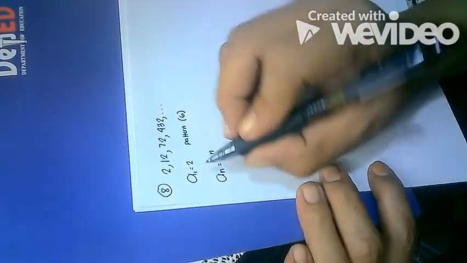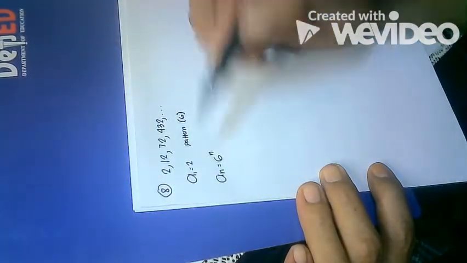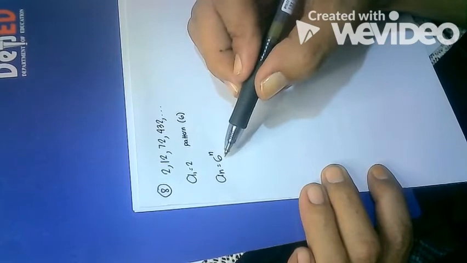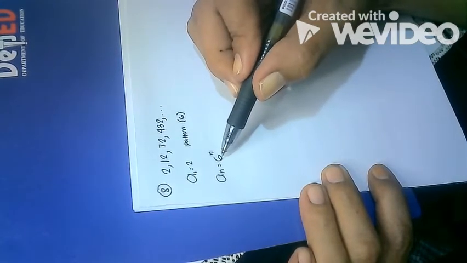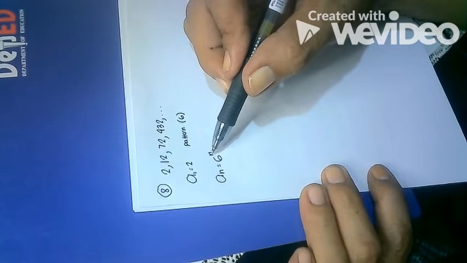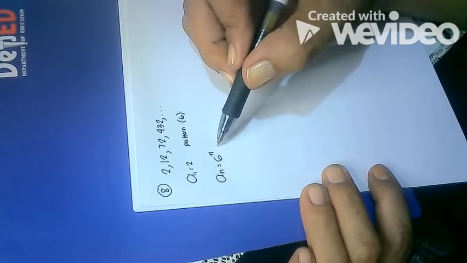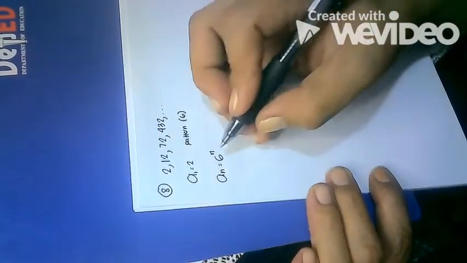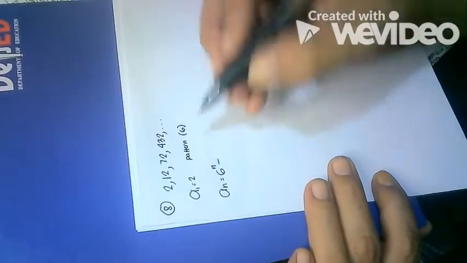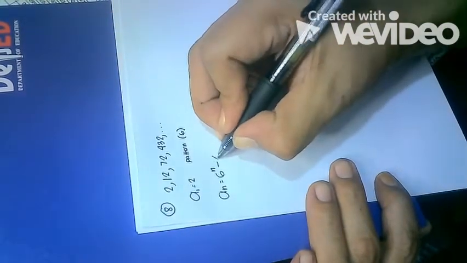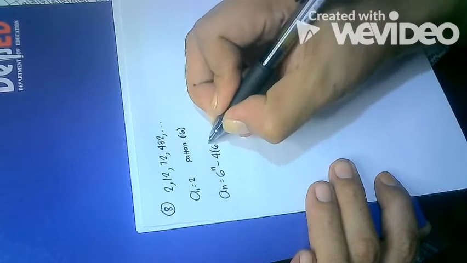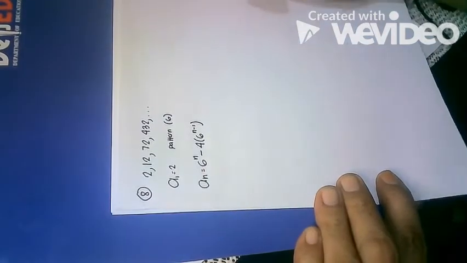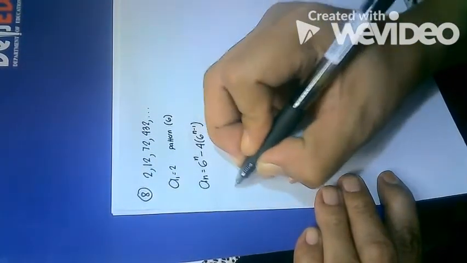Okay. So we subtract because a sub 1 is less than the pattern. See, it is obvious that if you compute a sub 1, it is 6 to the 1, which is equal to 6. So we have to subtract a number there to obtain 2. The difference of 6 and 2 is 4. Then multiply by 6 to the n minus 1. So let us check.